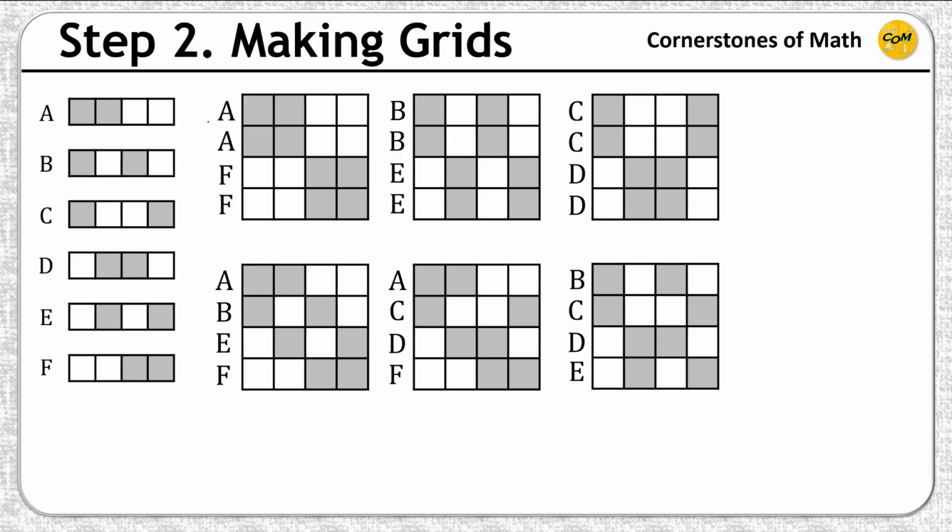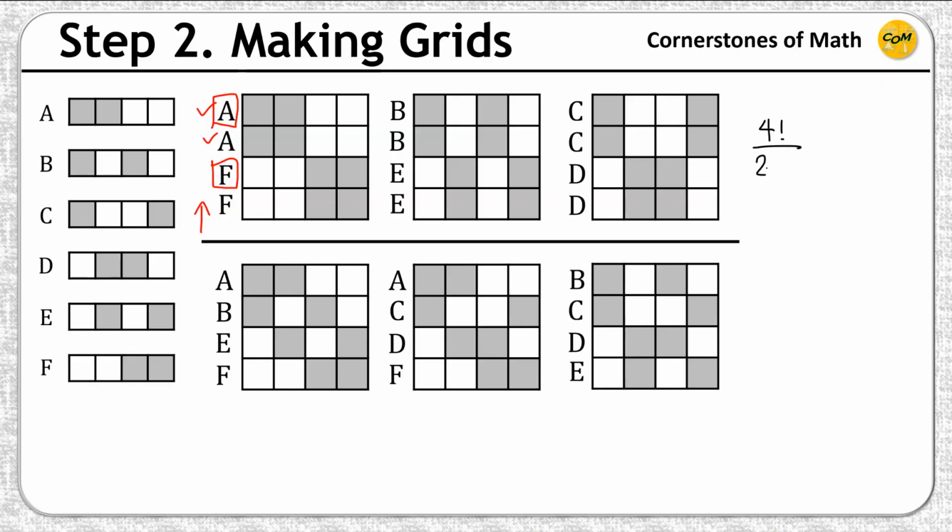These are all possible letter combinations, and now we have to arrange the letters, that is, arrange the rows within each group. The 3 groups at the top, that is, AAFF, BBEE, and CCDD, consist of only 2 letters, with each letter being used twice. Therefore, for each group, there are 4 factorial divided by 2 factorial times 2 factorial, hence 6 ways to arrange the rows within the group.